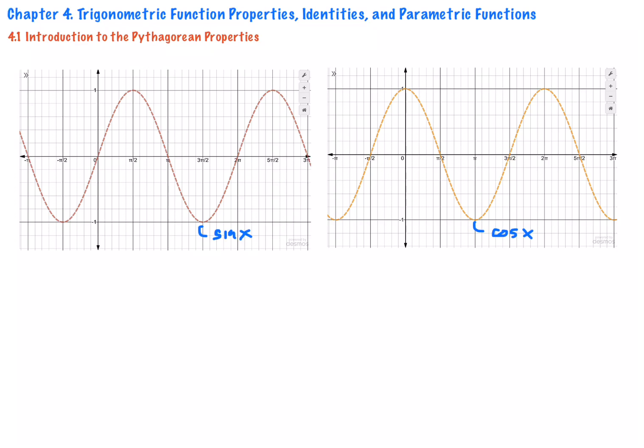Cos x, sine x and cos x. So I put the writings over here, sine x and cos x. Now, if we square sine x and cos x, what will it be? What I mean by squaring is this. If I put sine square x, which is sine x times sine x, and then cos square x, which is cos x times cos x, then what will it be?